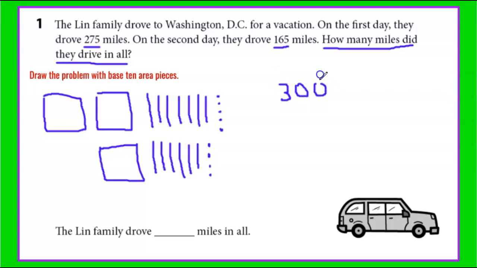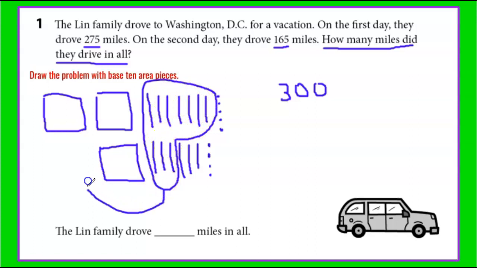And then I'm going to start to count my tens pieces. So I already know that I have 7 here. So I have 7, 8, 9, 10. Now remember, when we have 10 tens, we actually have 100 because 10 tens equals 100. So I know that this is another 100.